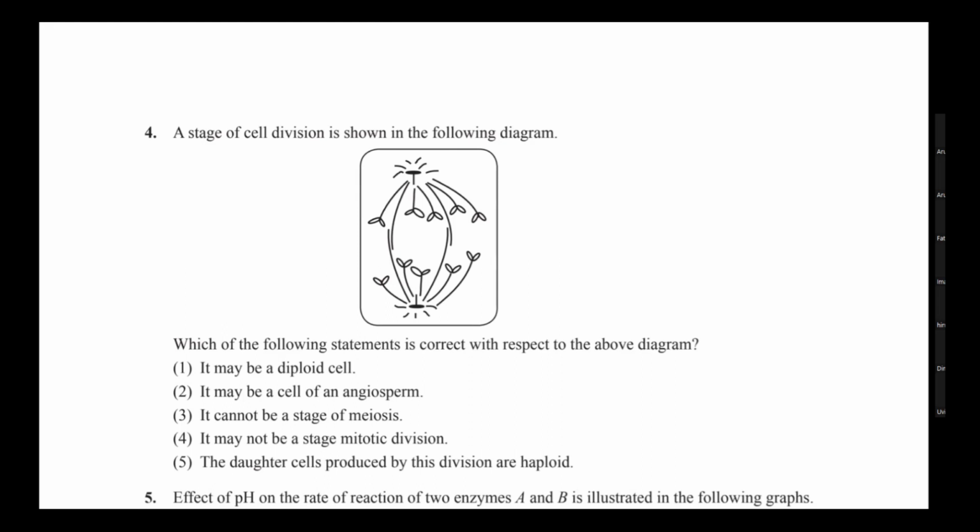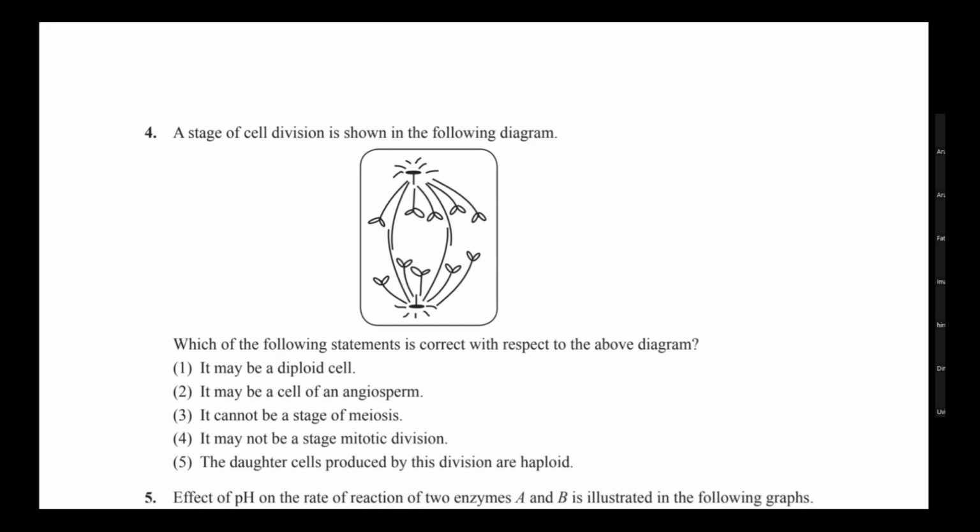Daughter cells produced by this division are haploid, right? In meiosis, it's a reduction division, right?